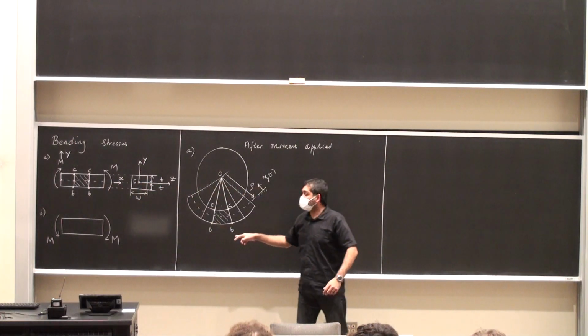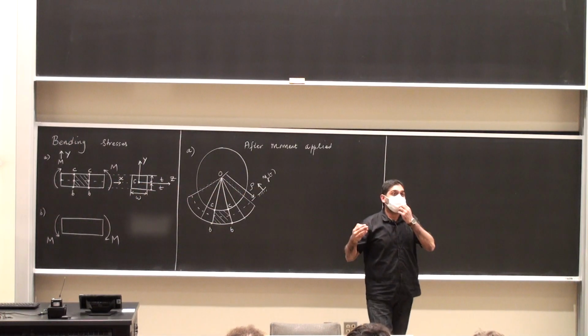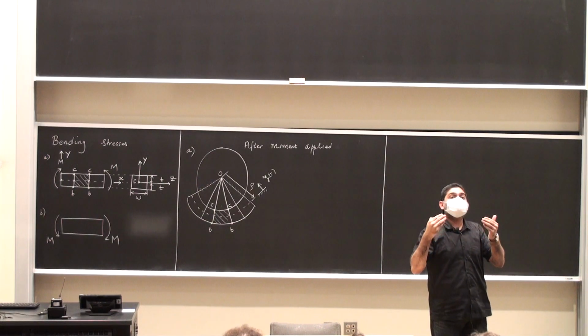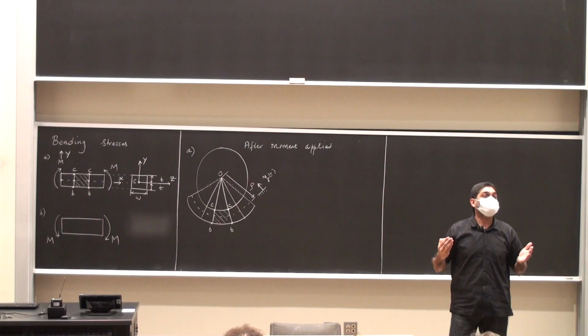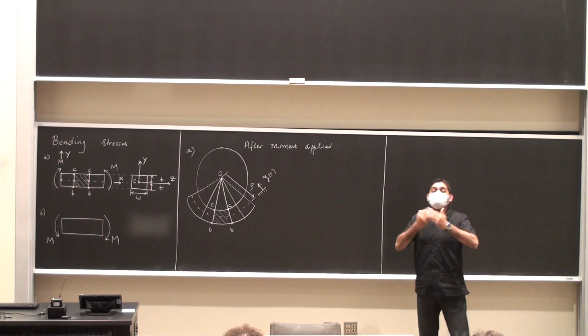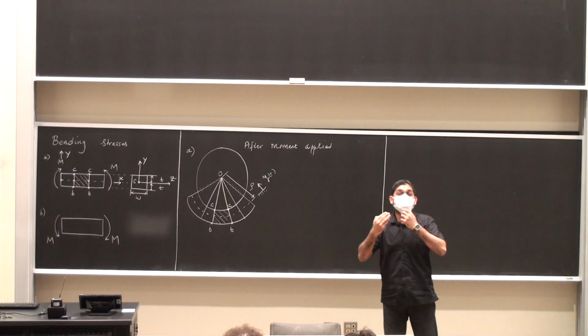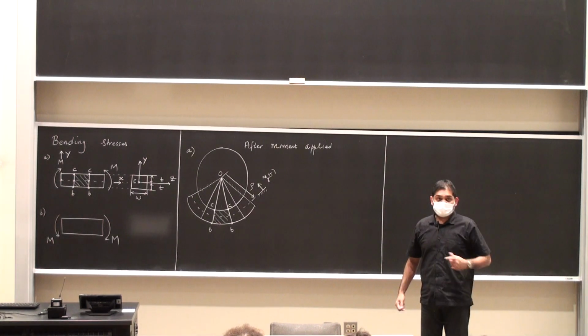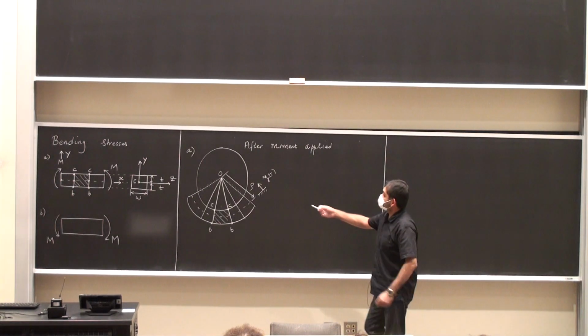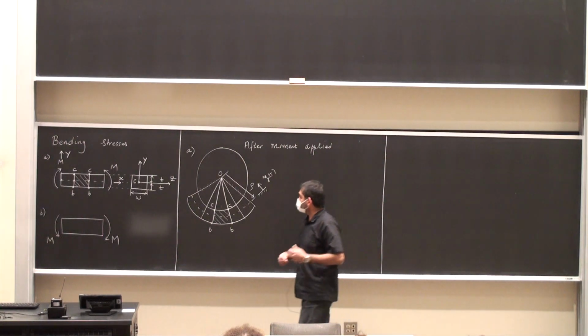The length of BB is larger than what it was before. So the piece CC is now in compression. The line segment BB is in tension. And in between there is going to be a line segment which does not see either compression or tension. And we call that the neutral fiber. And for all practical purposes, this dotted line is my neutral fiber.